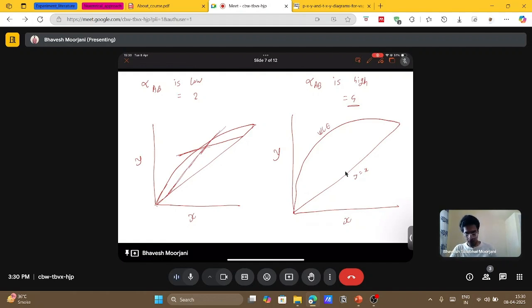To compute the number of stages, you draw the steps on these operating lines, right? And this is how you obtain the number of stages required for a distillation.